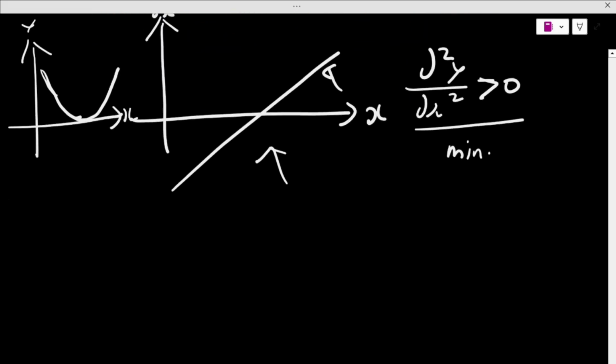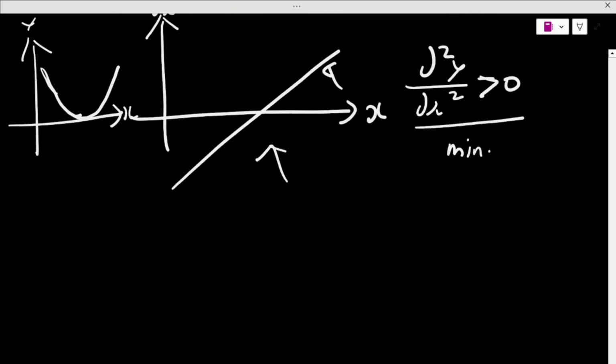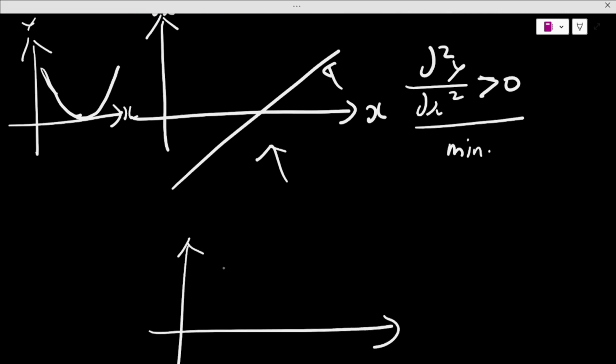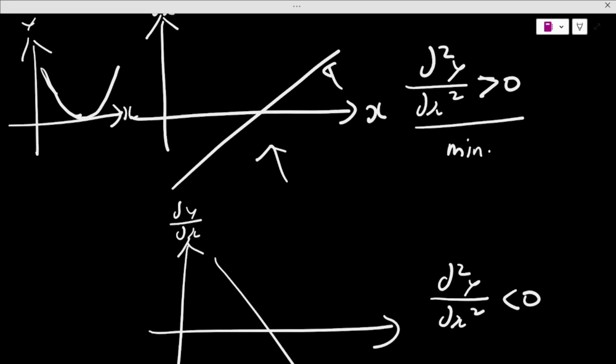Likewise, we can do something similar for the maximum. Something like this. In this case, d2y/dx squared is less than 0, if this is the graph of dy/dx against x.